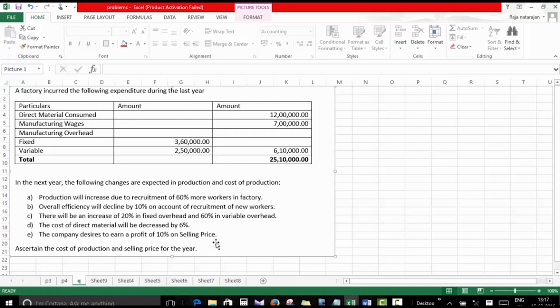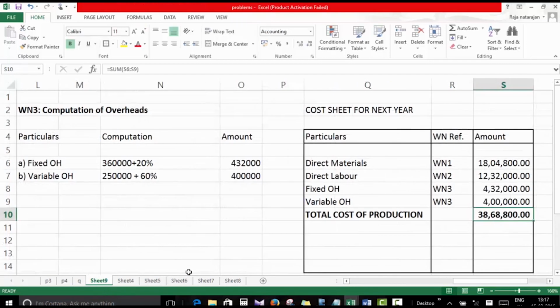If you want 10% profit on selling price, your cost should be 90%, because 90% and 10% makes the selling price 100. So if you have cost as 90%, then you can find what is 10%. So we have to assume this 38,68,800 as 90%.